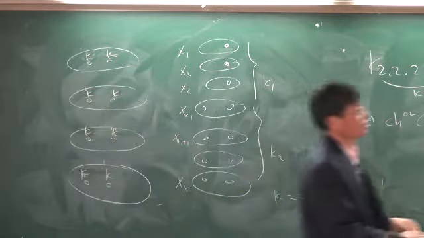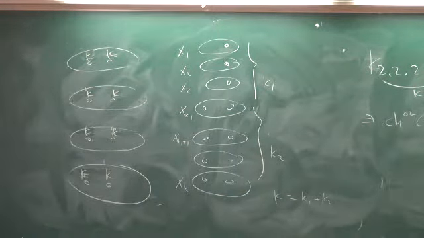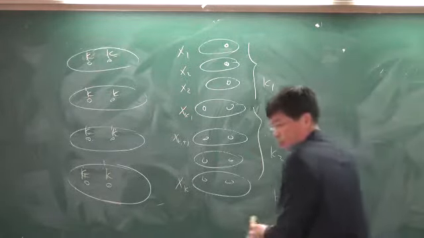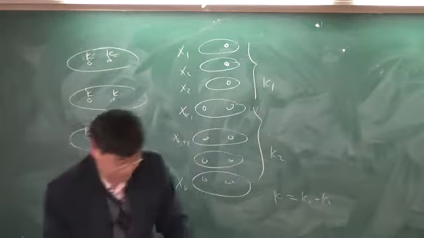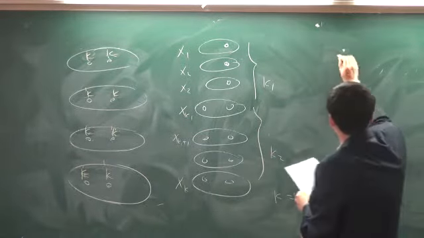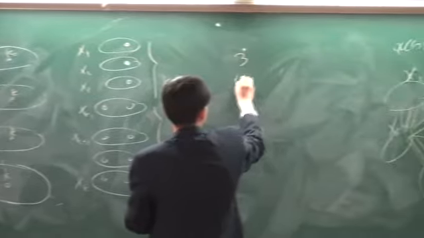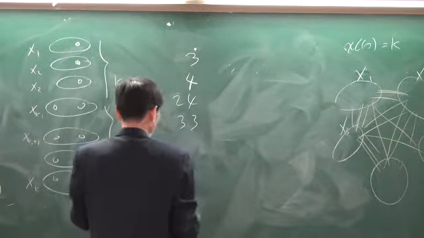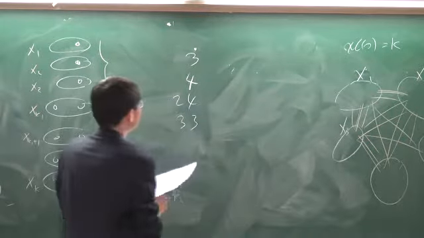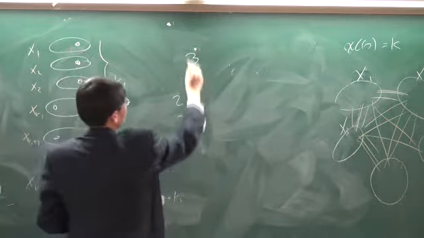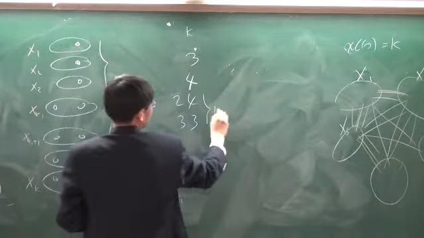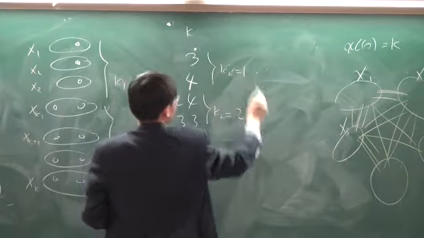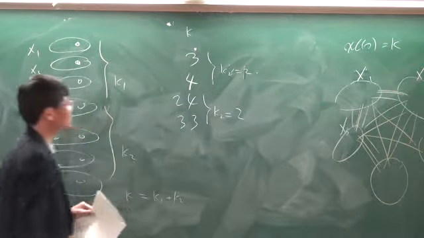And here, what is the meaning? One example is like this. Here k2 is 2, k1 is 2.